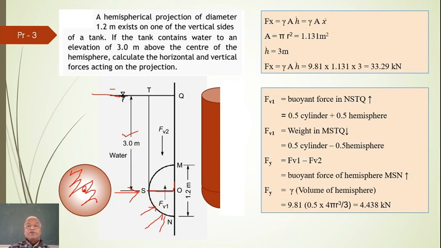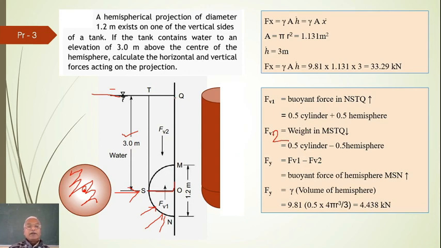So 0.5 of hemisphere will give you the total weight. So FV2 will be weight in MSTQ.